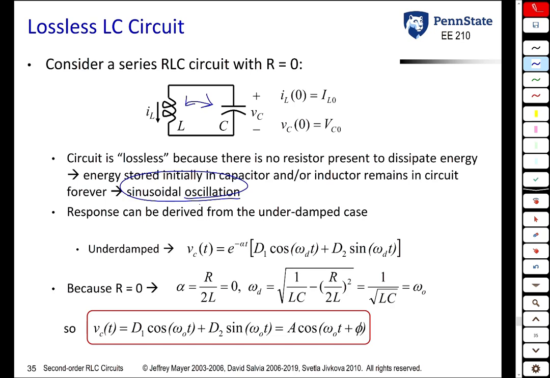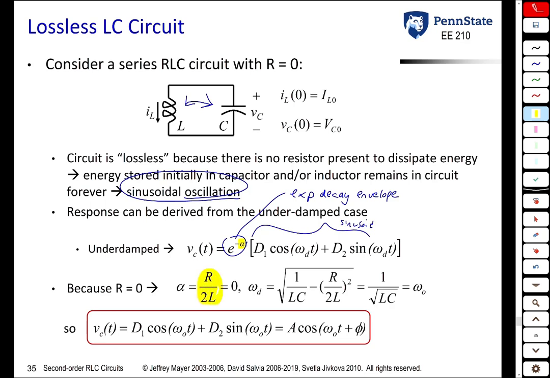We can look at the math behind these lossless LC circuits by considering the underdamped RLC circuit case. In the underdamped case, if you remember, you get a sinusoid with an exponential decay envelope. And the amount of decay is determined by this term alpha, which was R over 2L.